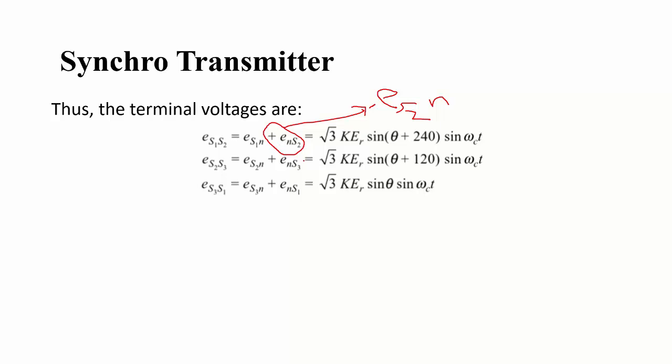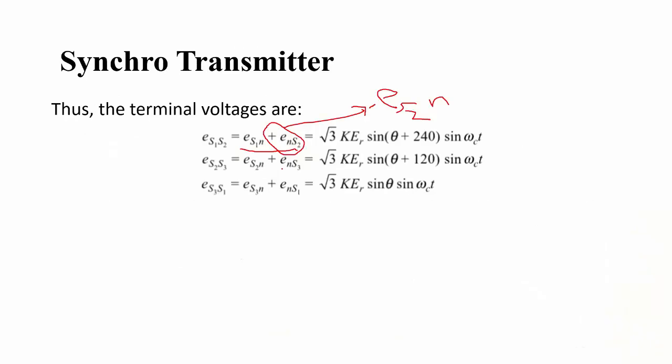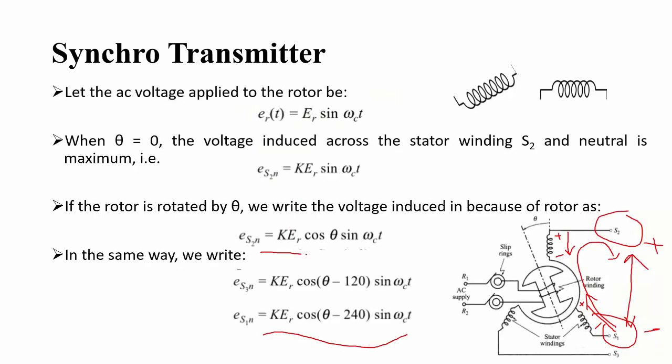So you can obtain these expressions by applying KVL on the respective loops. If you see Vs1n, we obtain Es1n as this expression, while Ens2 can be obtained from this expression. You put a minus sign here, and you get Ens2, which will be minus KER cos theta sin omega t.